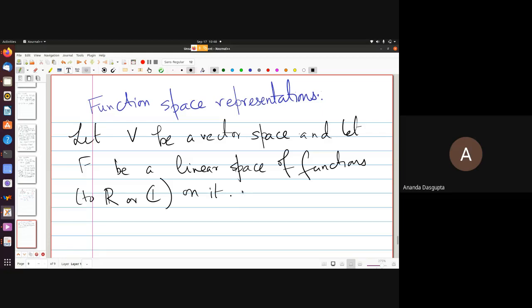Okay. Now, before we go any further, I'm saying linear space of functions. The order here is very, very important. Linear space of functions is not the same thing as space of linear functions. I hope everybody understands that. Of course, since there's no reply, I assume everybody does. So every element f of this space F, so f belongs to capital F, implies f is a map from V to R, or C as the case may be. Okay?